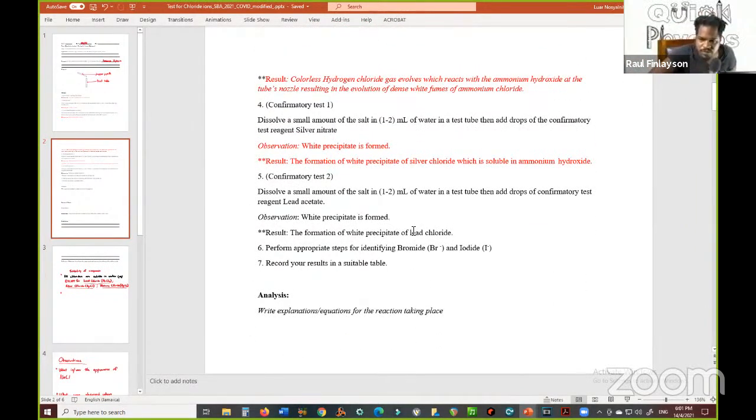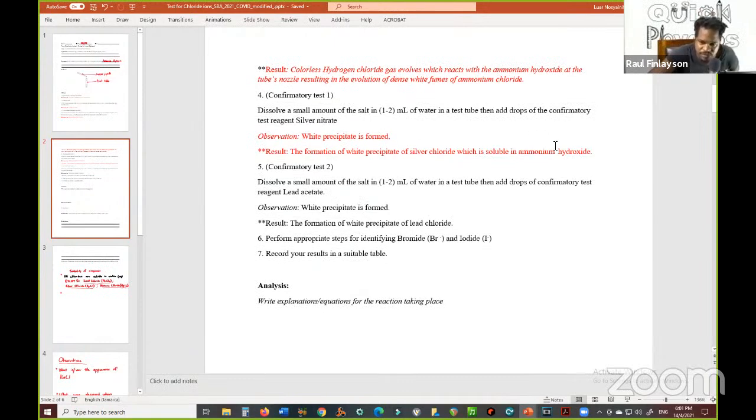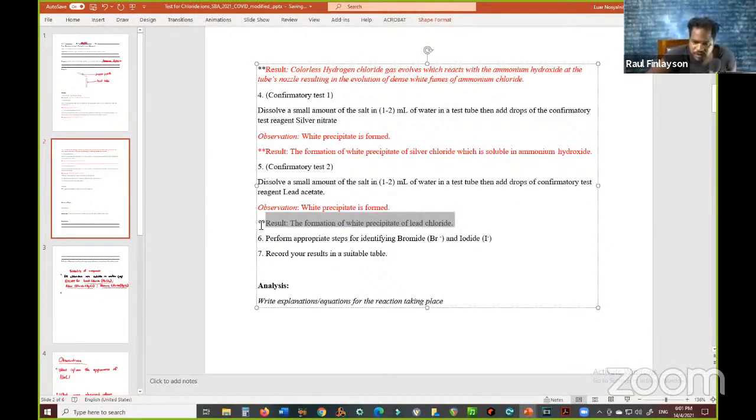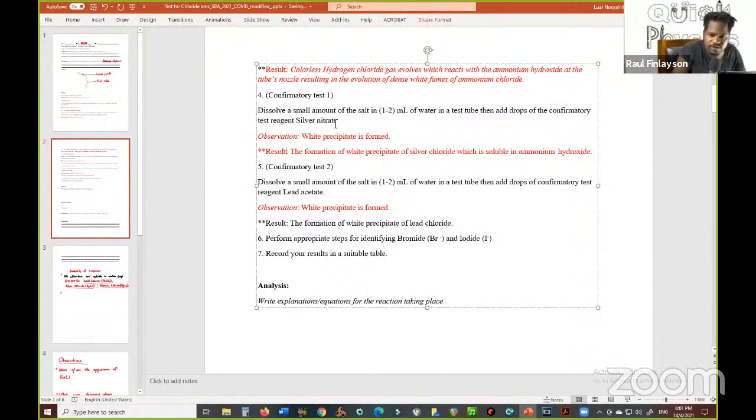All right. So all of what you say, I put in red here in the method, guys, that should go into the observation. This also should go in the observation. Of course, lead chloride, the result here. By the way, let me change this result here.